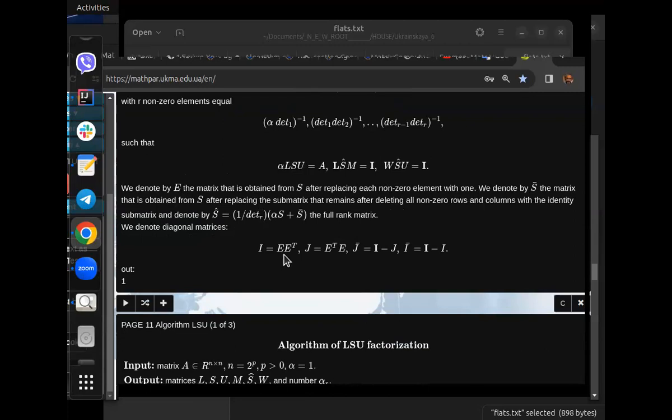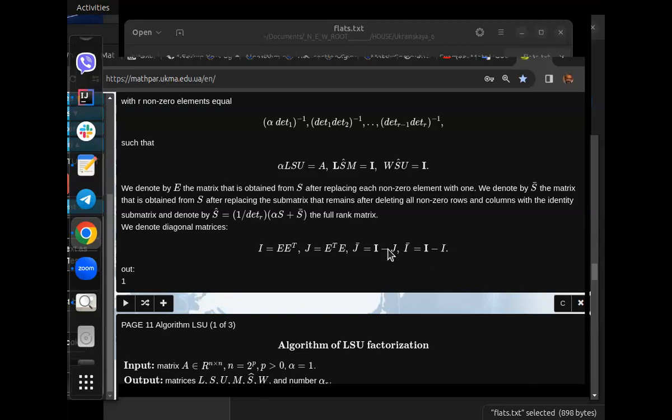If we multiply E by E transpose, we obtain matrix I. If we multiply E transpose by E, we obtain another matrix J. Then subtracting from the identity matrix, we obtain J bar, and subtracting matrix I from the identity matrix, we obtain I bar.